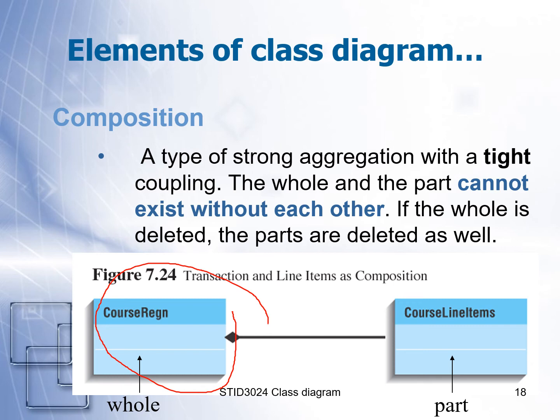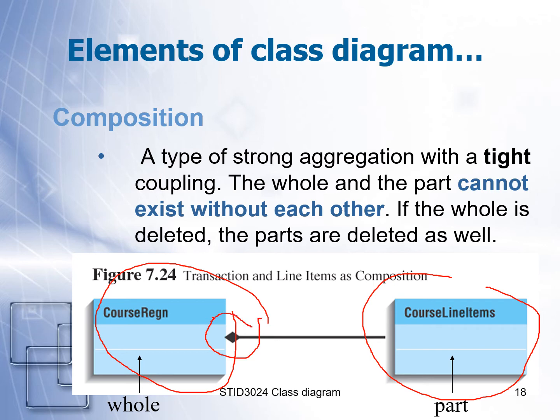For example, we have a course registration, which has the role of the whole, and course line item is the part. So this is a composition. See the diamond shape, it's being filled.